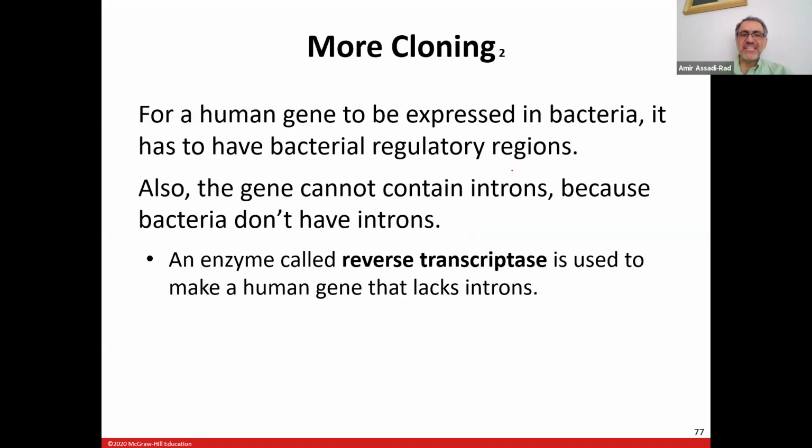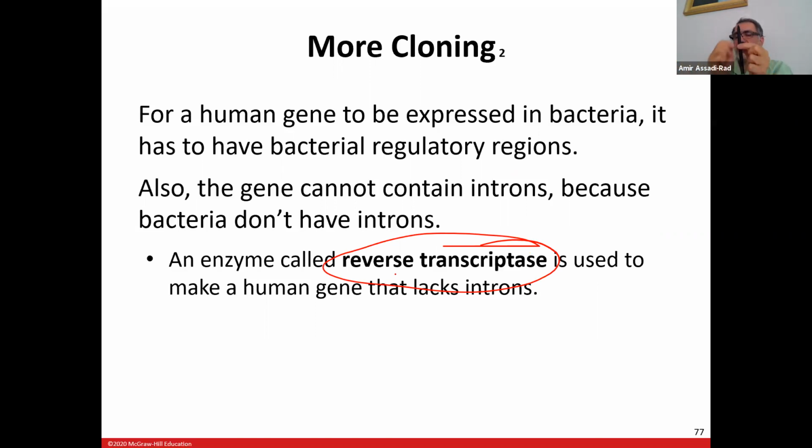Reverse transcriptase is an enzyme that can make DNA based on RNA. That's what they call it, reverse transcriptase. Like HIV has that enzyme, reverse transcriptase. HIV does not have DNA, it has RNA. Based on this RNA, they go inside the white blood cells of humans, and with the enzyme reverse transcriptase they can make DNA.